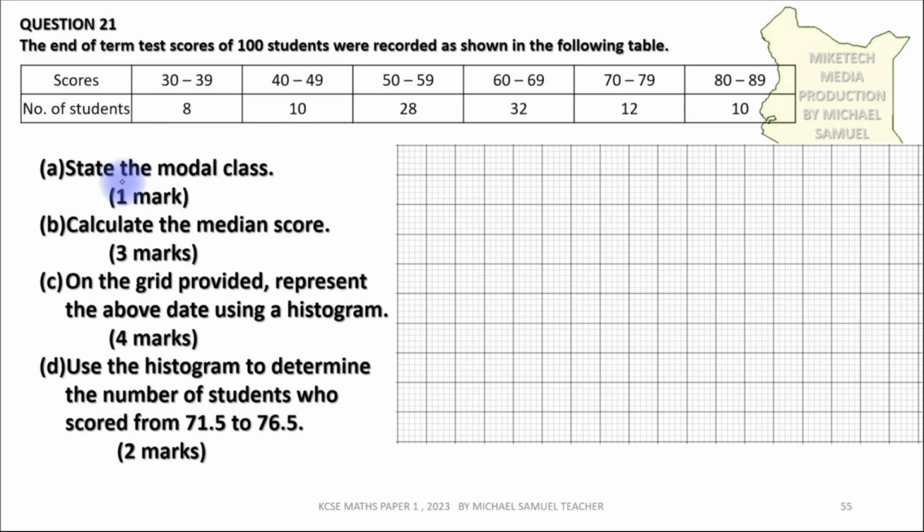Part A, we need to state the modal class. Part B, calculate the median score. Then part C, on the grid provided, we represent the above data using a histogram, and then use the histogram to determine the number of students who scored from 71.5 to 76.5.